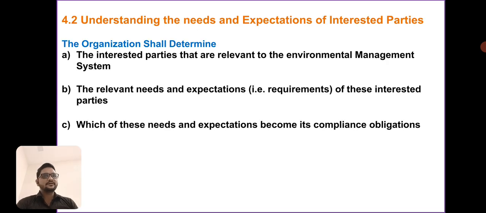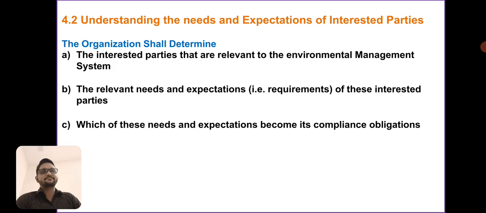Next is the subclause 4.2, that is understanding the needs and expectations of interested parties. Now, an interested party is one that can be affected by a decision or activity.